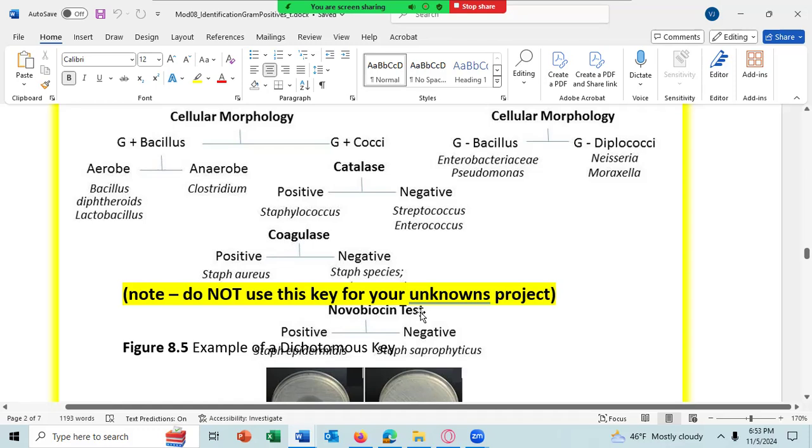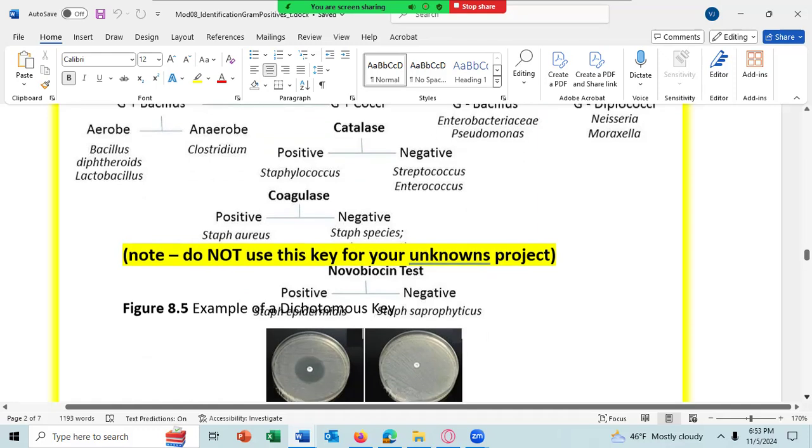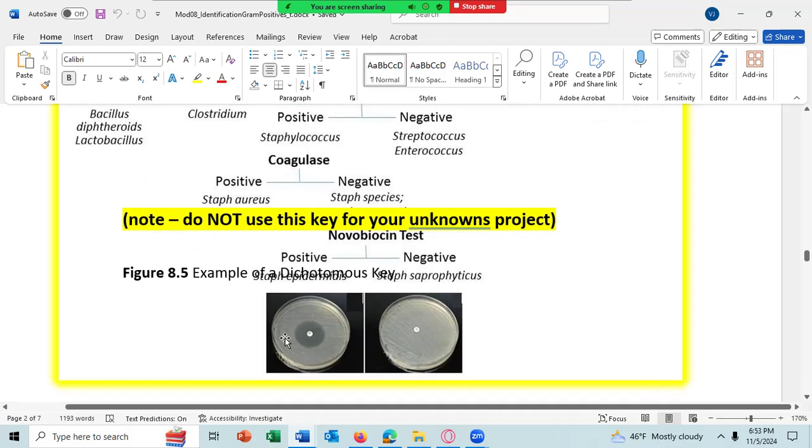If the bacteria are sensitive to novobiocin, as shown here, it's Staphylococcus epidermidis. If it's negative for the novobiocin test, meaning the bacteria are resistant to novobiocin, it's then Staphylococcus saprophyticus. And that's the dichotomous key. Any question about any of that?